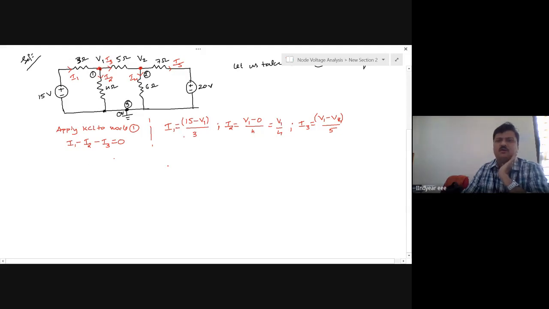Now put the values of I1, I2, I3 expressions in this equation. So what I get is 15 minus V1 by 3, minus I2, that is V1 by 4, minus I3, that is (V1 minus V2) by 5, is equal to 0.